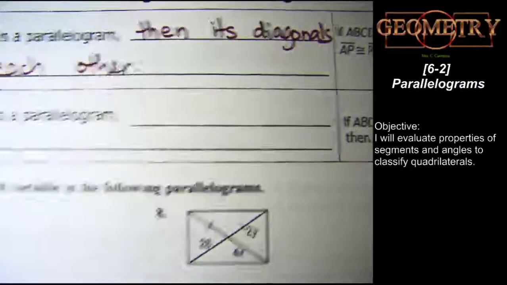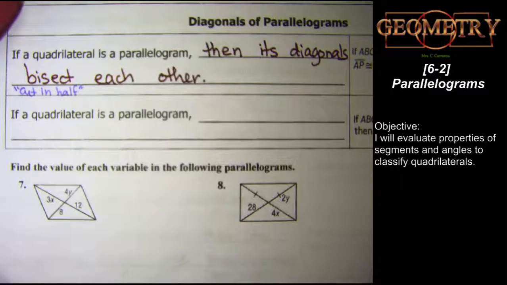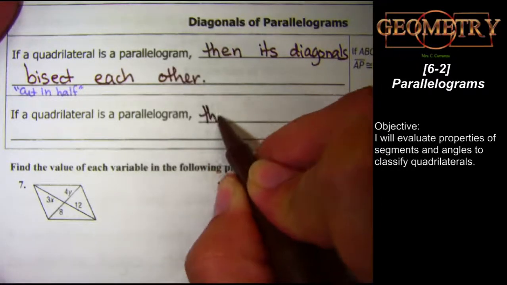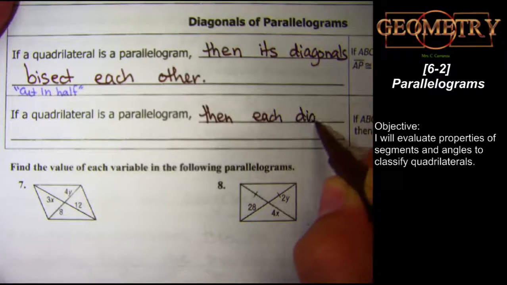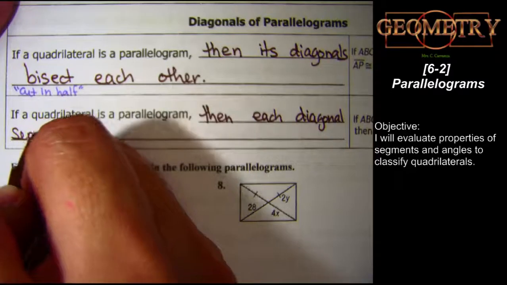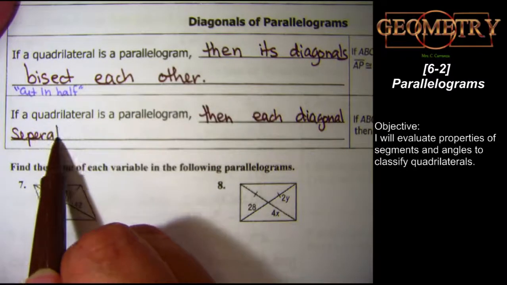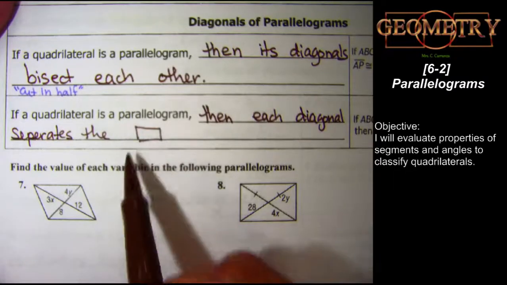All right. On to the very last properties of diagonals. If a quadrilateral is a parallelogram, then each diagonal separates the parallelogram.